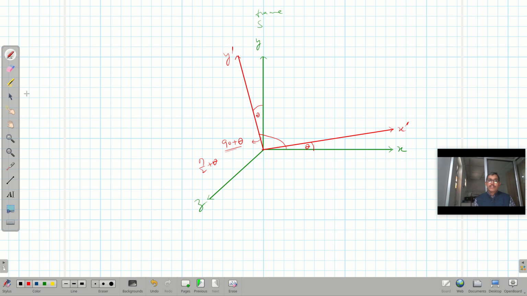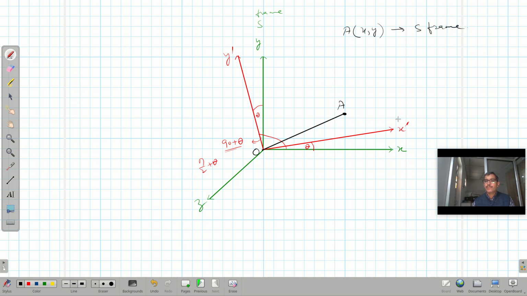So now let us suppose there is a point in space somewhere here. Say this is a point somewhere here, and say it is a point A, and the coordinates of point A are x and y in the S frame.